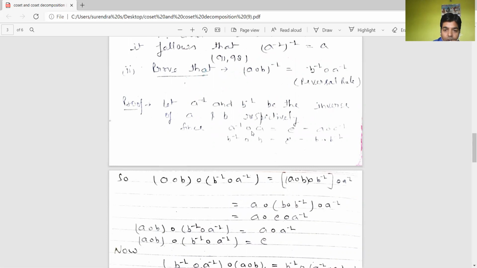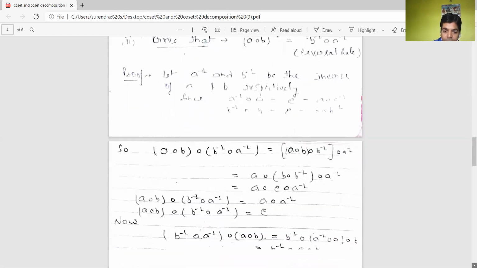Since A inverse operation A is equal to E is equal to A operation A inverse, and B inverse operation B is equal to E is equal to B operation B inverse, so A operation B, operation B inverse operation A inverse. Now we say that this is equal to E.